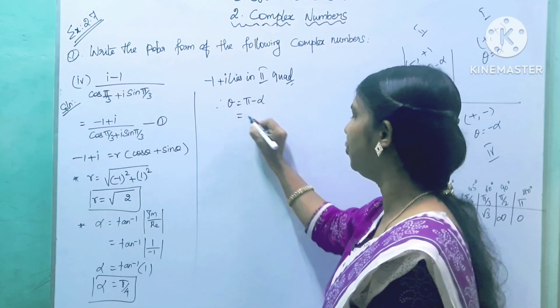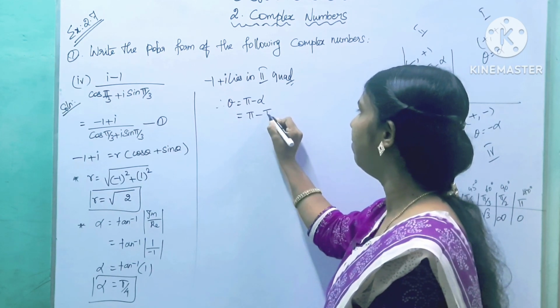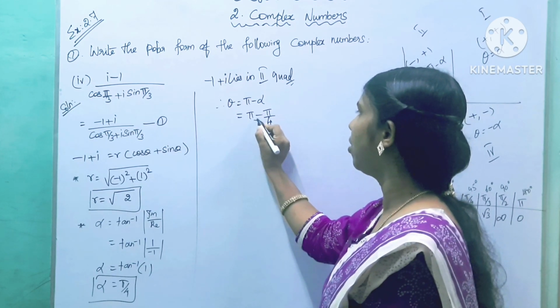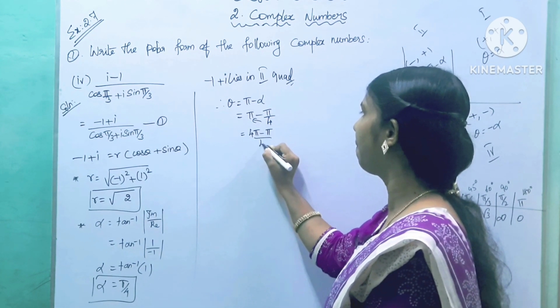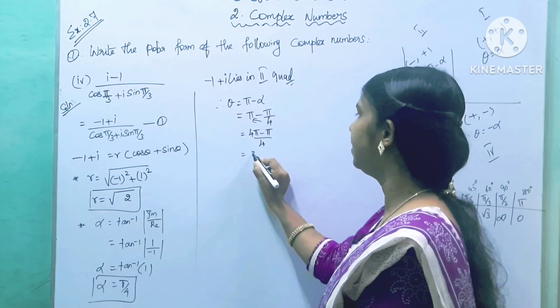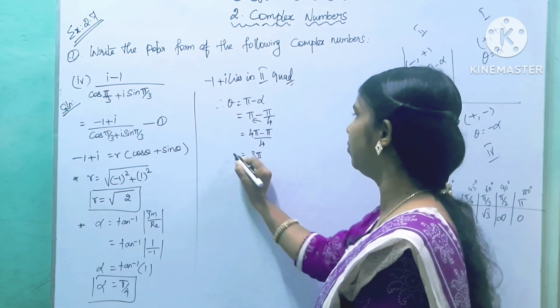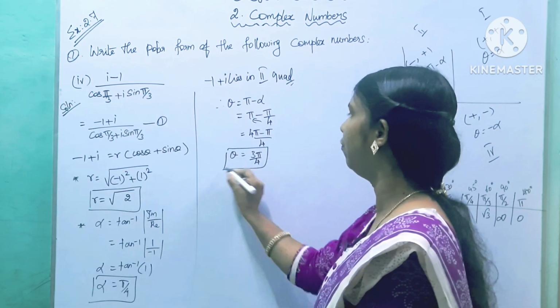So, theta is equal to pi minus pi by 4. By cross multiplying, it is 4 pi minus pi by 4. 4 pi minus pi is 3 pi by 4. So, theta is equal to 3 pi by 4.